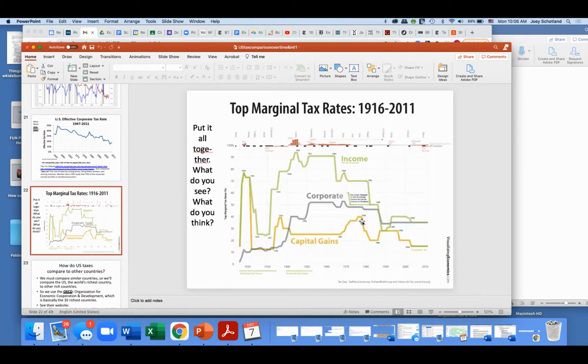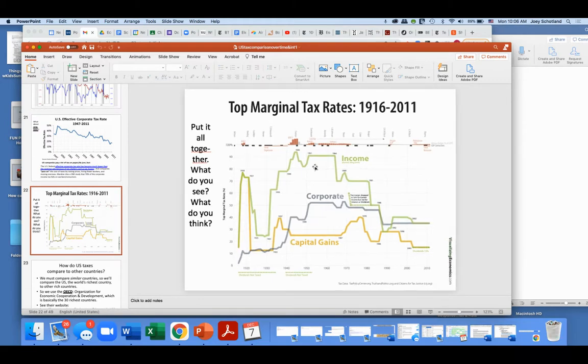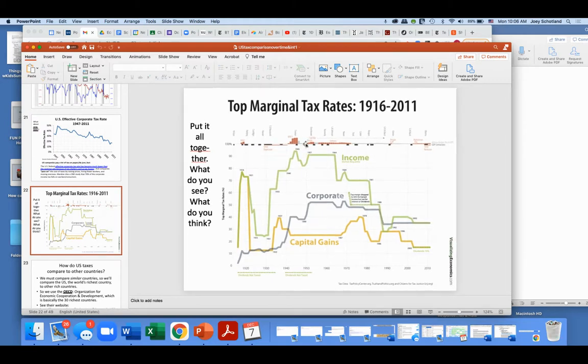I like this graph because it puts together the top income tax rate with the top corporate tax rate on companies and the capital gains tax you have to pay if you're rich and you make money off stocks and bonds. So again, here we go back to Truman and Eisenhower and Kennedy back in the 1940s, 50s, 60s, and here we are more recently in 2010.